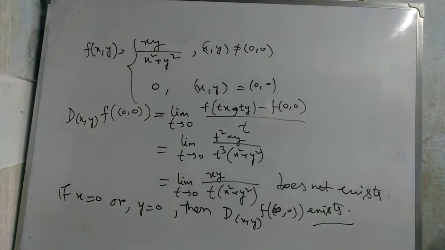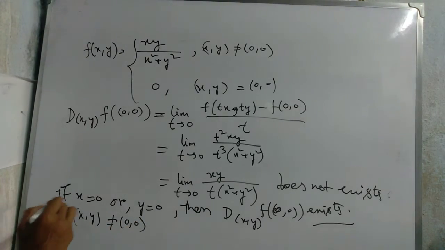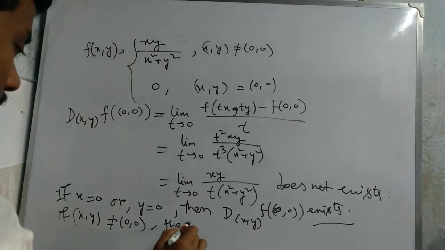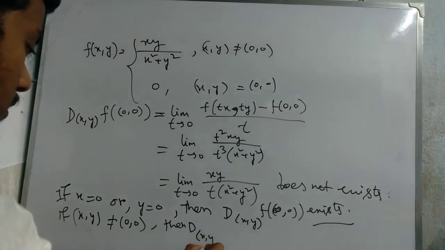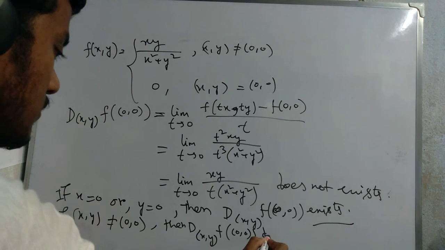If xy is not equal to 0, then this does not exist. If (x, y) is not equal to (0, 0), then D_(x,y) f(0, 0) does not exist.